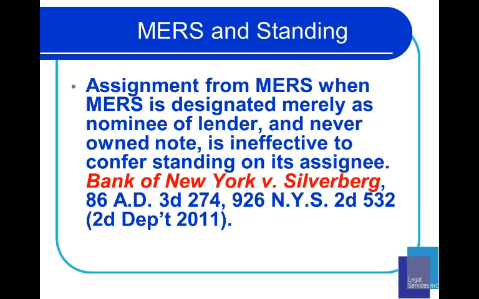So this was addressed very explicitly in Bank of New York versus Silverberg and many subsequent cases citing it. That gives you a pretty strong challenge in many, many cases where you can see MERS in the chain of title, and it's very clear that they were solely there as nominee for the original lender.